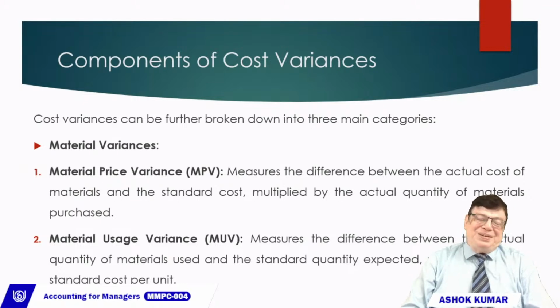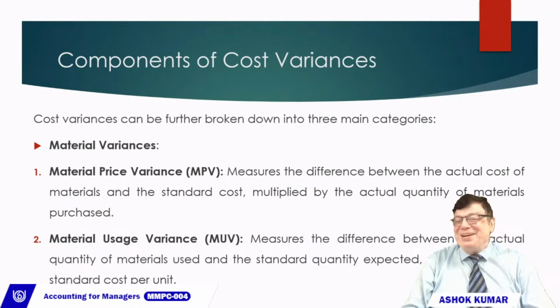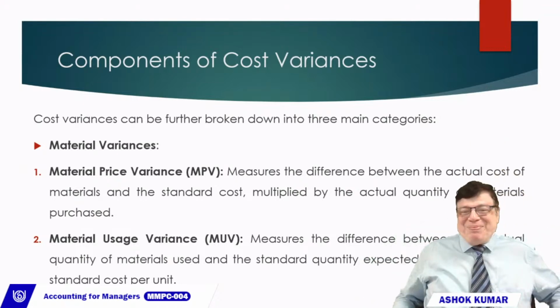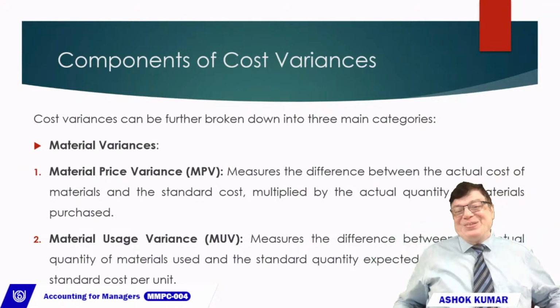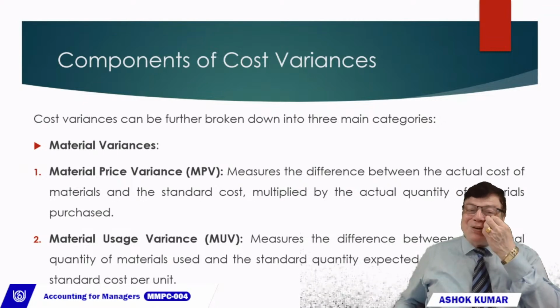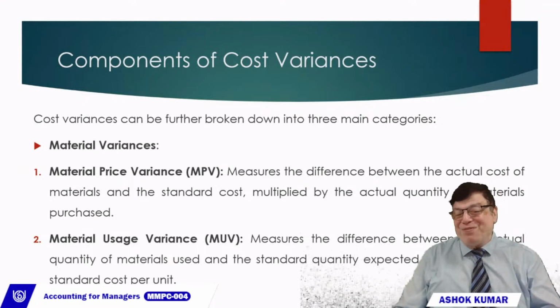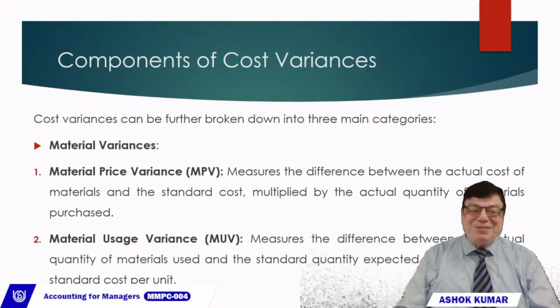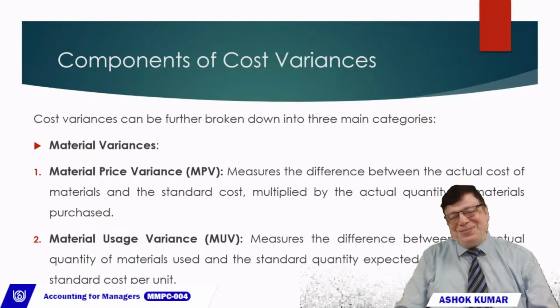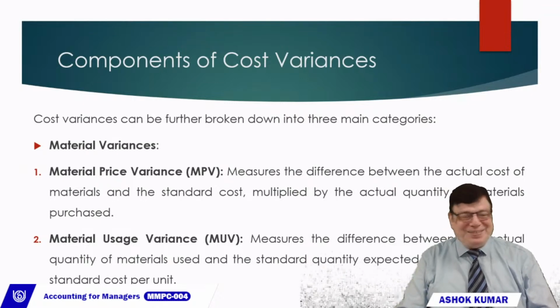If the actual cost is less than the standard cost, then our profit will increase. And if actual cost is more than the standard cost, then we cannot increase our profit. Then we have to multiply it with how much materials we purchased.